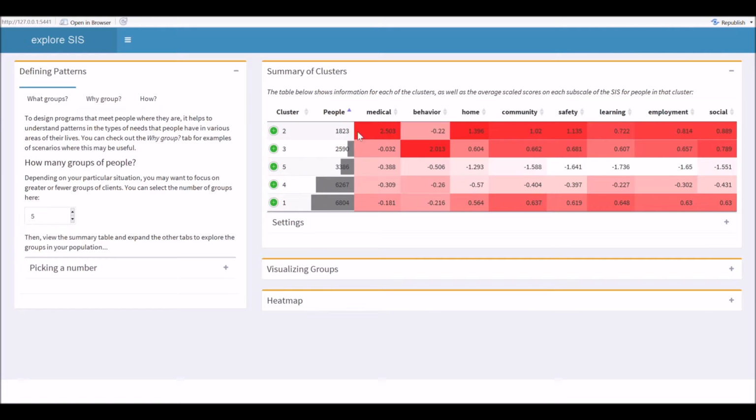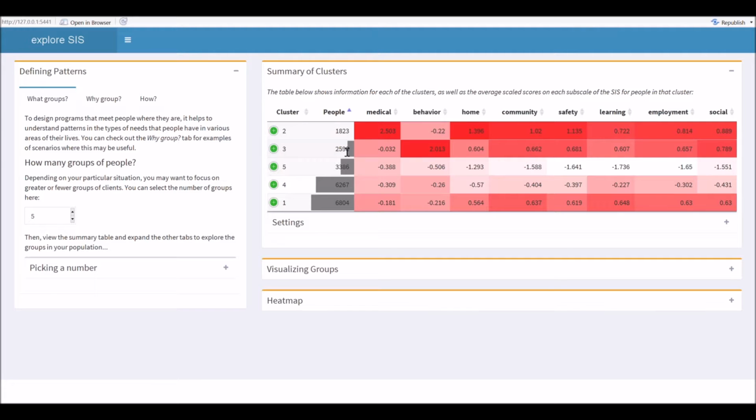So here we see that this smallest group of people, which is cluster 2 here, has higher than average medical needs, and then really higher than average needs across most of these support areas, all the way across the board. But that's the smallest group of people.